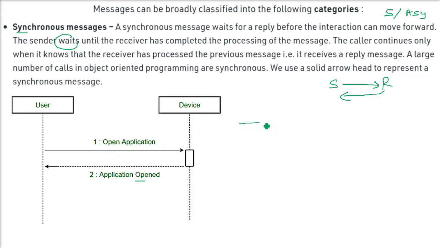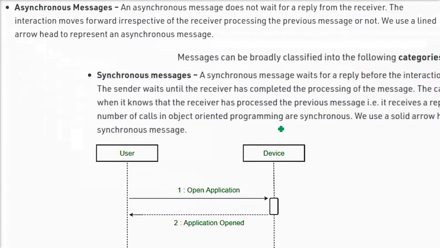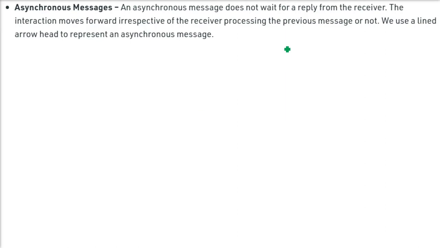So here the synchronous message is represented by a full-blown arrow, that is a solid arrow. That is, we use a solid arrowhead to represent a synchronous message. It will wait for the reply. How about asynchronous message? It will not wait. It is the complement of the synchronous.